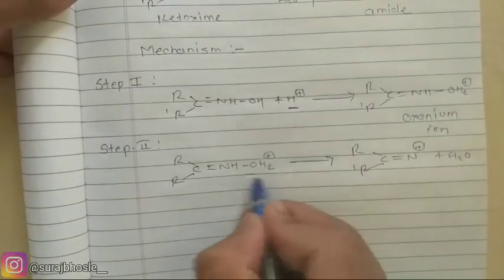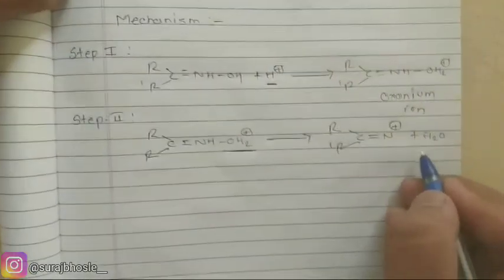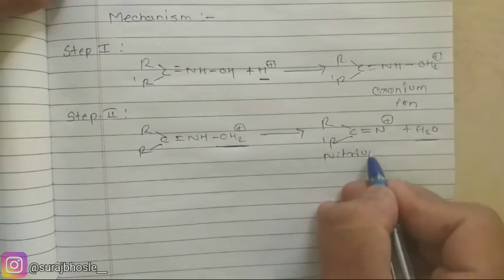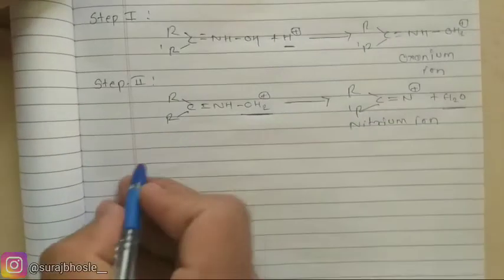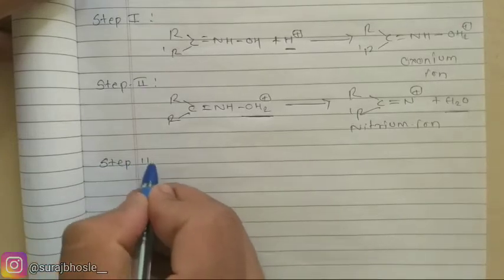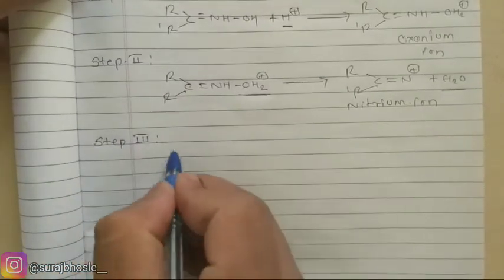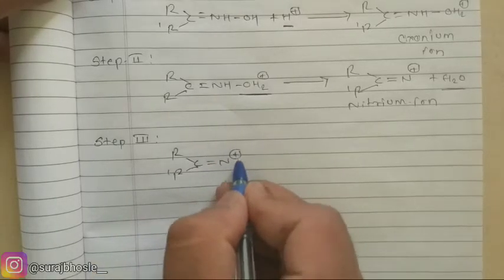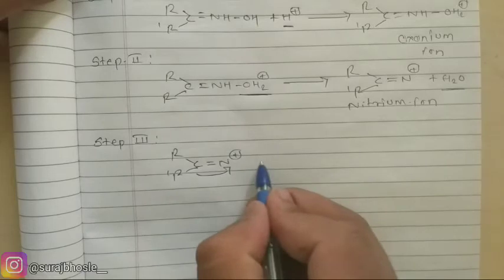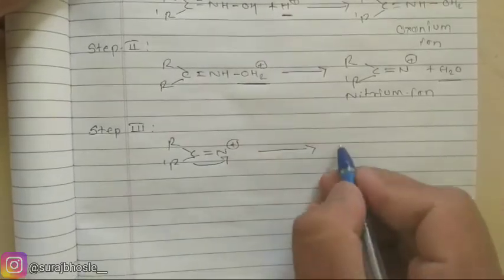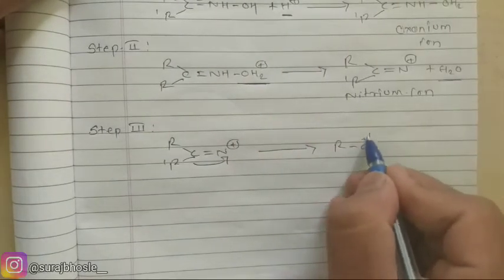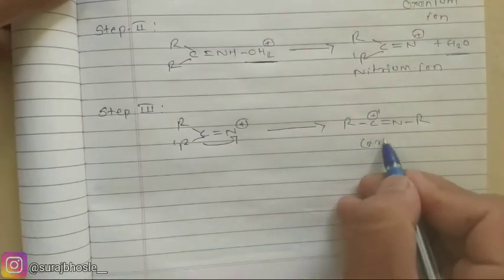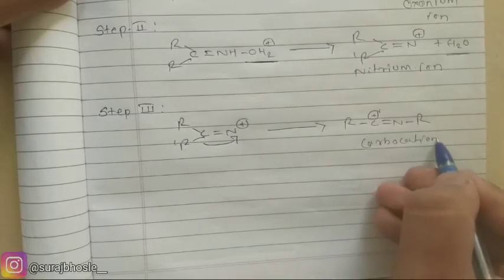So this water molecule is lost through the reaction. Now in step 3, this nitrenium ion is going to rearrange itself, and the carbocation is formed in this step 3.